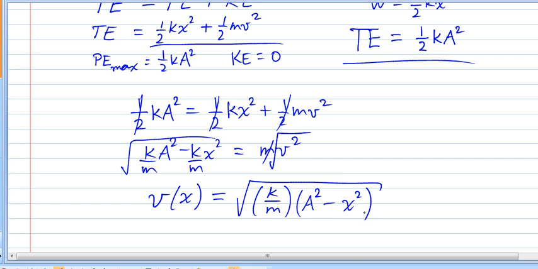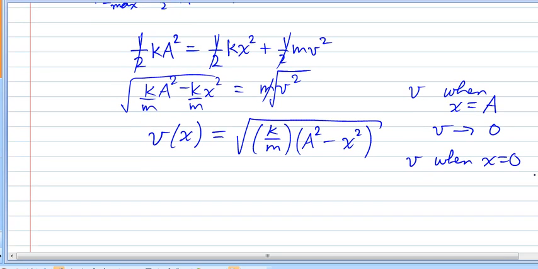And so we can check this to see if it makes sense. First of all, what's the speed when the displacement is equal to the amplitude, so the furthest it can go? Well, we plug in x is equal to A in this equation, and we're going to get, as we would expect, that v will go to 0. And then finally, what's the speed going to be when x is equal to 0? So this is the equilibrium position.